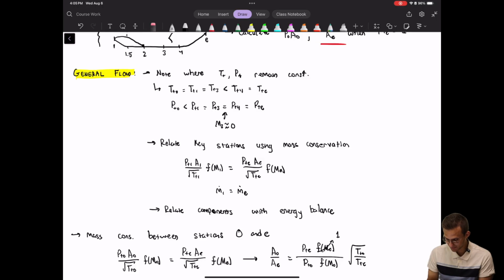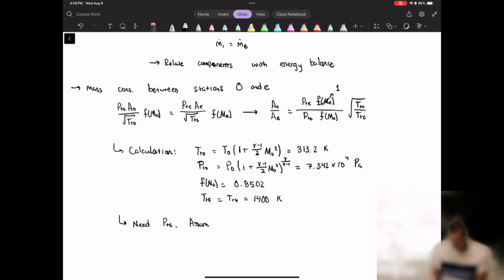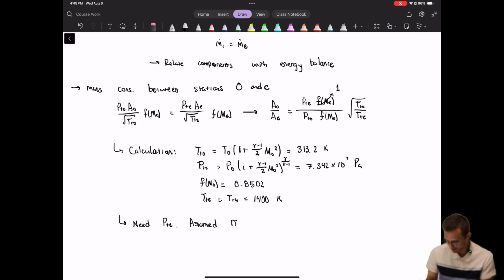And we know that PTE, we can backtrack all the way through the engine and see that it's going to be the same as PT1. Okay, so we need PTE. We assumed pi b was approximately equal to 1, which tells us that PTE is equal to PT1.